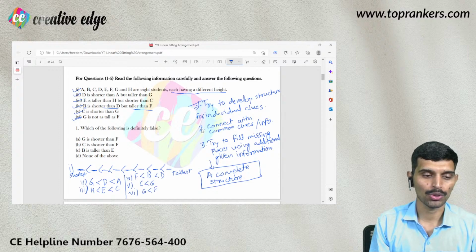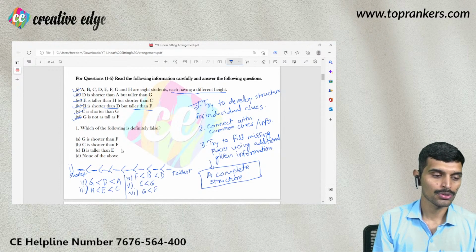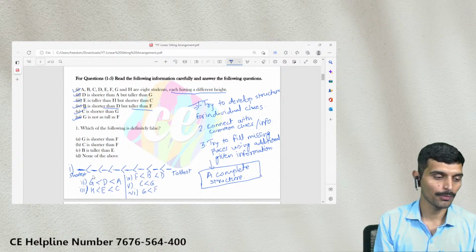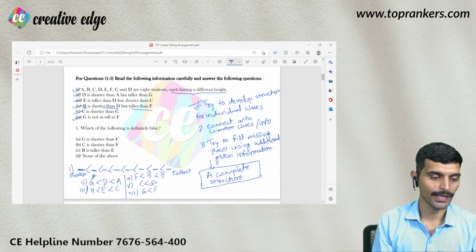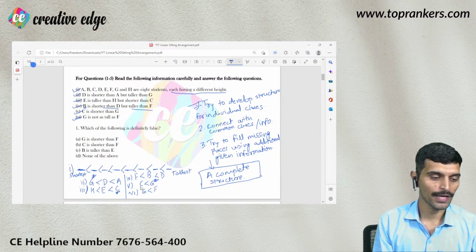Now it is time to combine or connect the common information, common clues. If we look at clue number two and clue number four, we can combine them. We have common information, common character G, right? And with 5 and 2 combined, we can also combine with 2 because we have C common here.